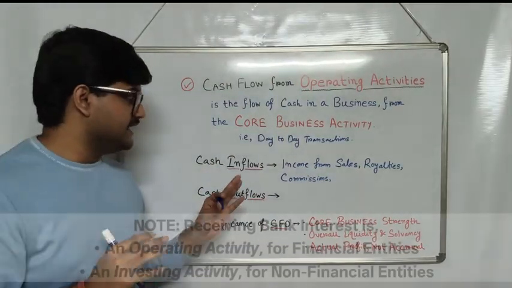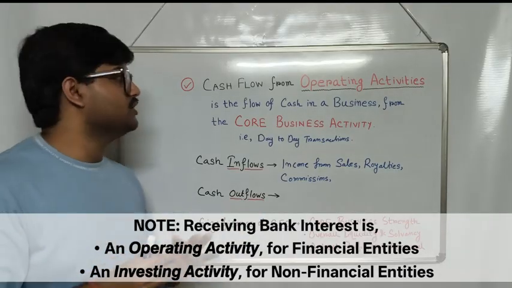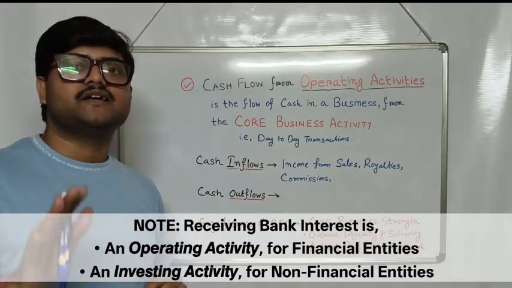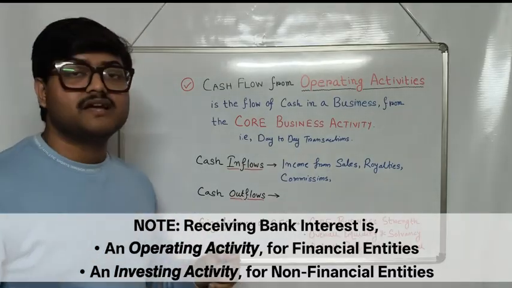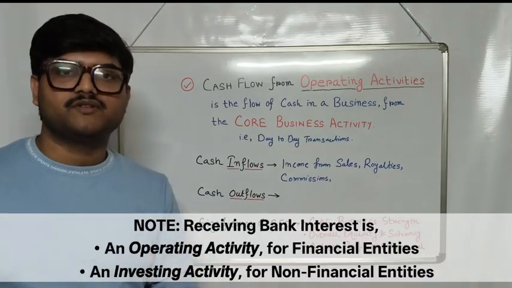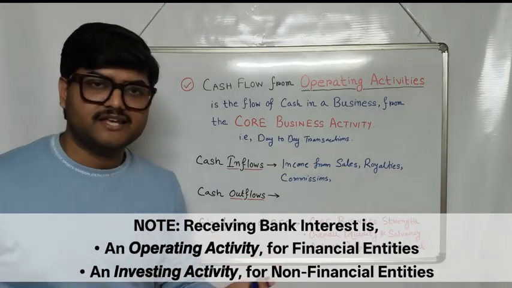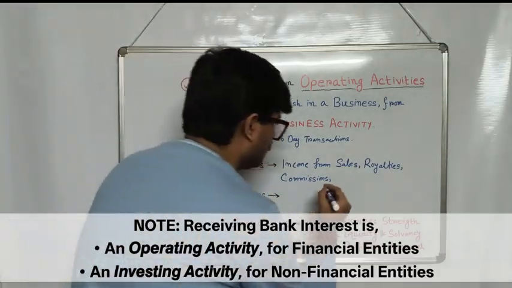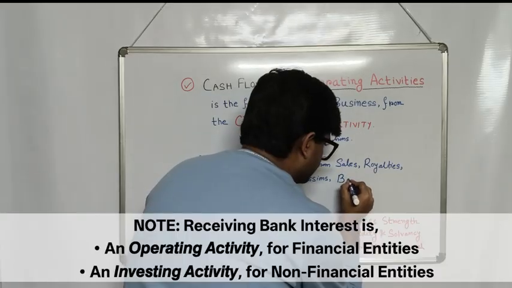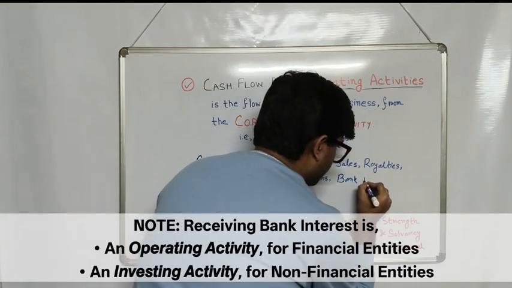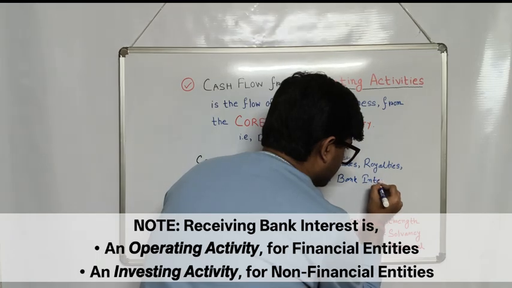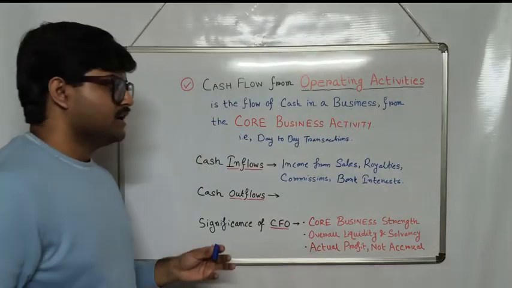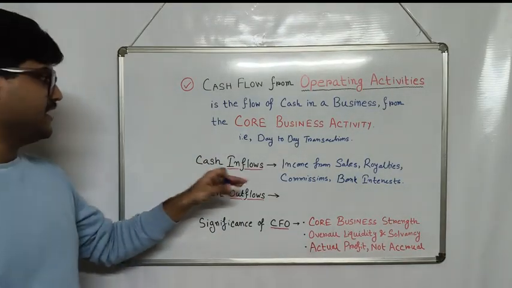Now you see, interest from other sources will not be considered here, but the interest that we are regularly receiving from the banks, let's say monthly or quarterly, will be considered here. So bank interest. Now you see, these are the inflows.